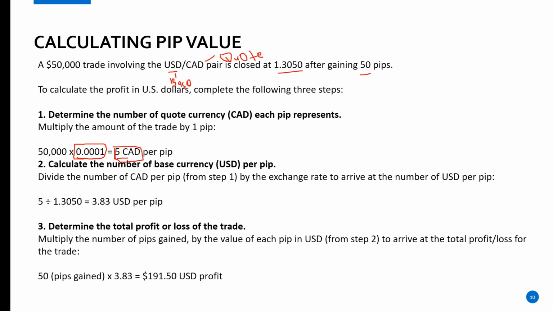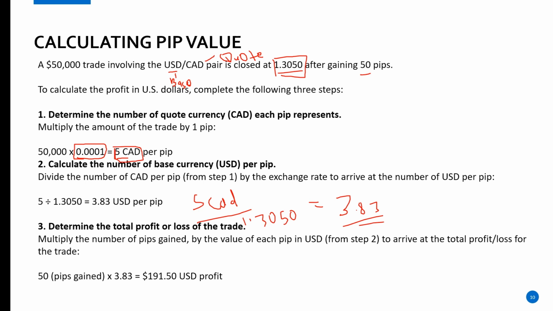Remember the conversion, the quote currency is 1.3050. So for me to get USD, I have to divide that 5 Canadian dollars by 1.3050, and I get 3.83.